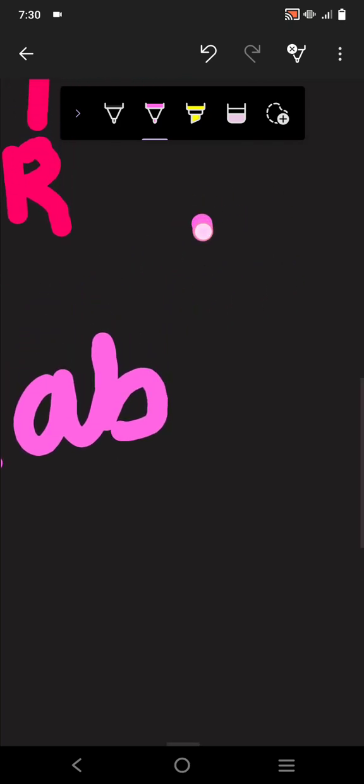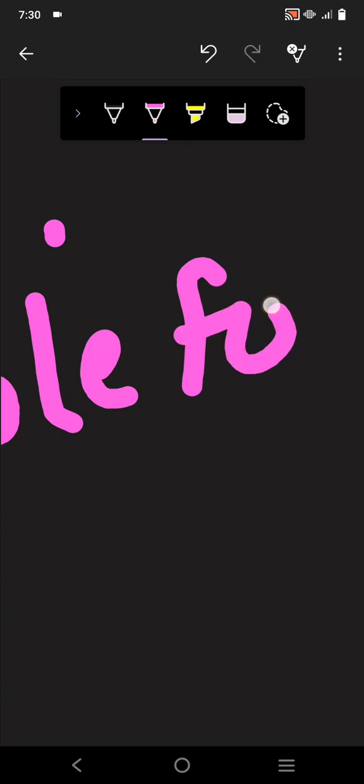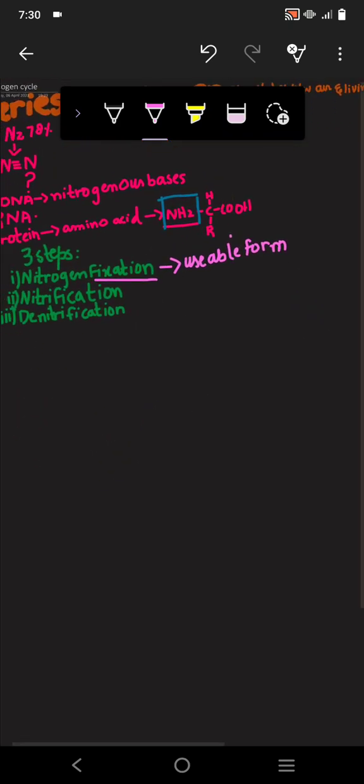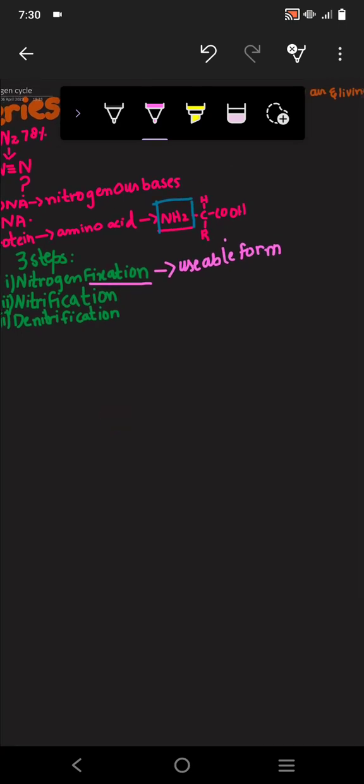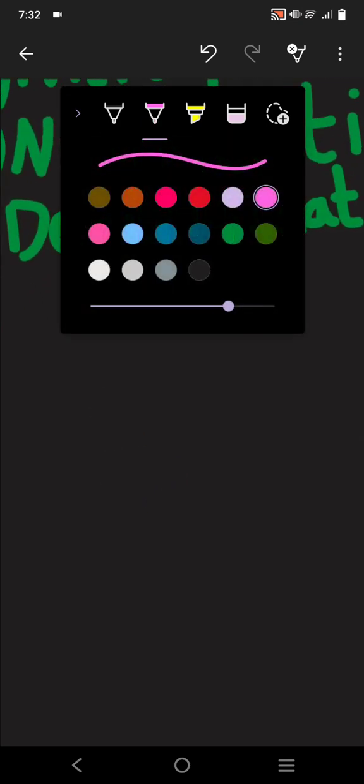As I told you, the 78% nitrogen present is not useful. So first we will convert that nitrogen by a process. We are about to discuss nitrogen fixation, our first step.